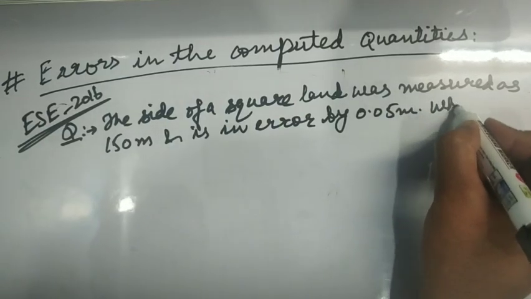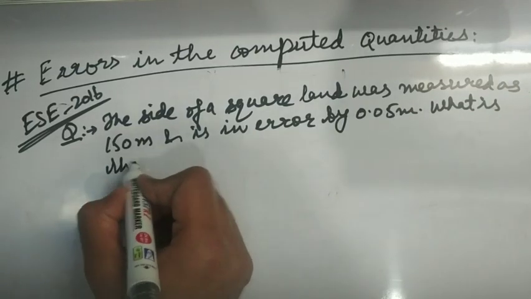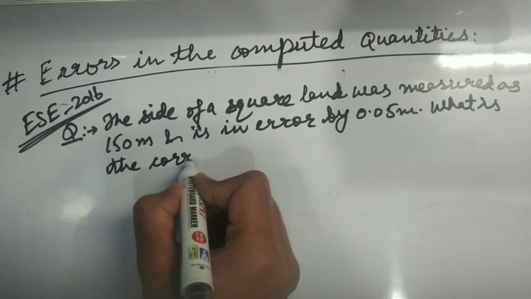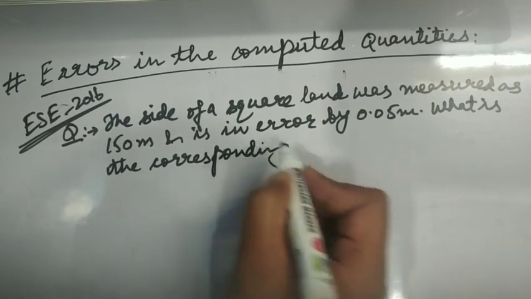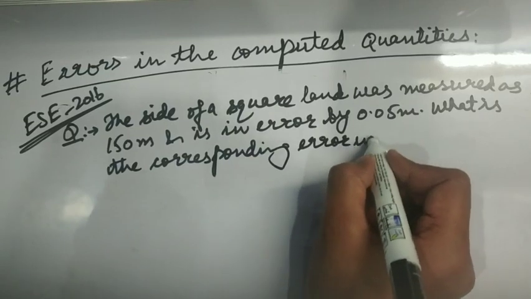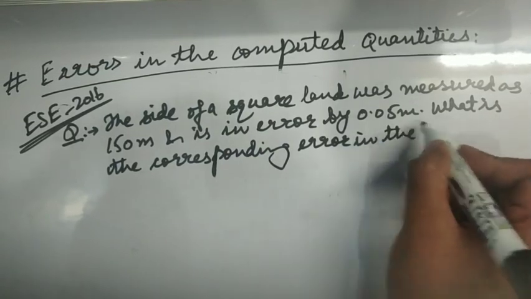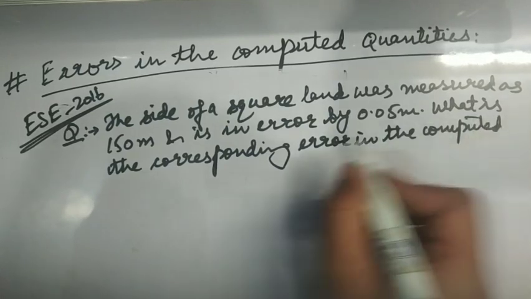So he is asking what is the corresponding error in the computed area of the land.